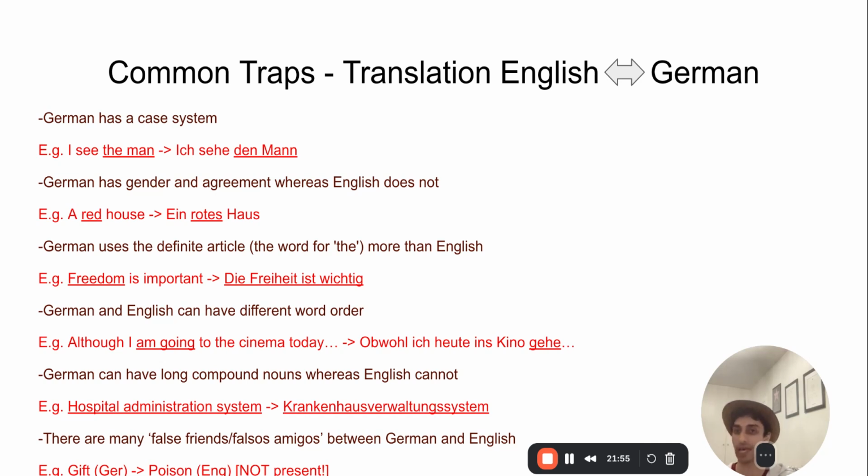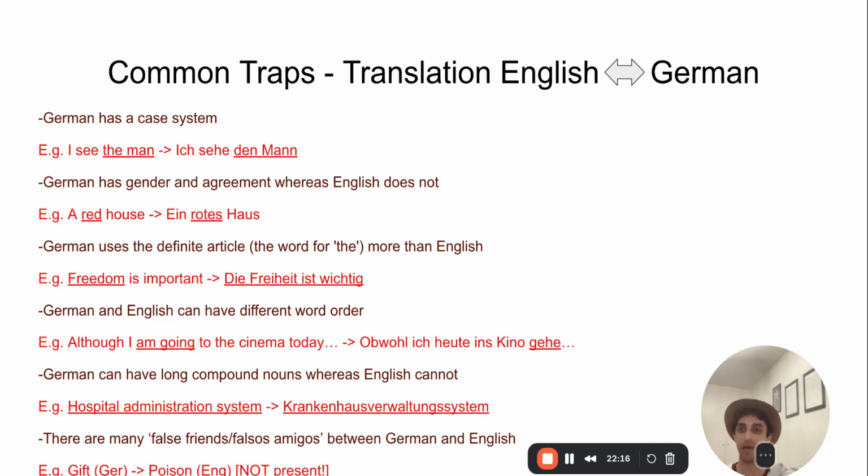German, of course, has a case system. So every time you're translating into German, make sure you remember the case system and make sure you're aware that you have to think of that whenever you're writing nouns, adjectives, pronouns, and so on in German. For instance, in English, we'd say, "I see the man."